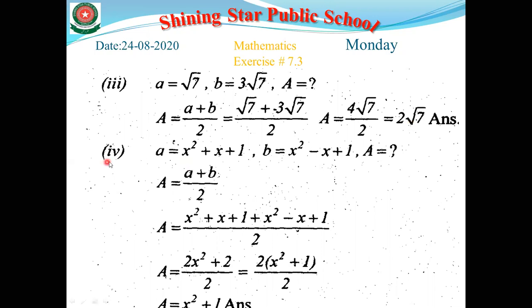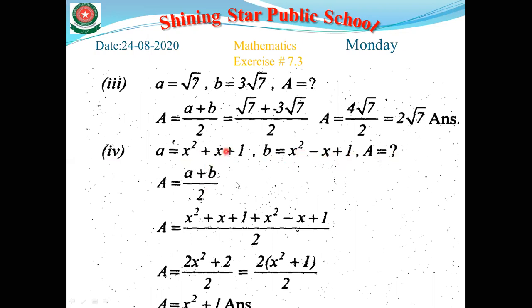Now part number 4, a equals x square plus x plus 1, and x square minus x plus 1 is b, and we have to find the capital A, meaning the arithmetic mean. So for finding the arithmetic mean, we have (a plus b) over 2, which means x square plus x plus 1 plus x square minus x plus 1.